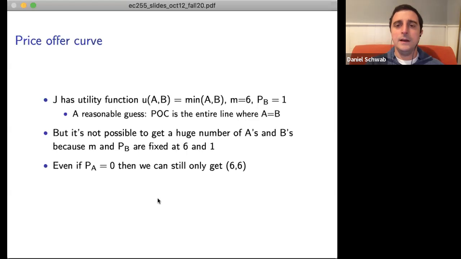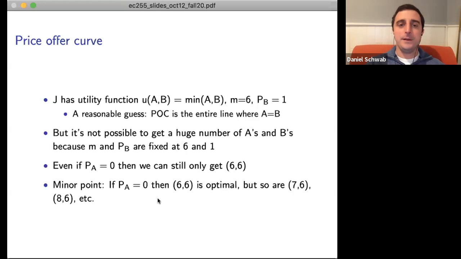That's the highest you can get if you want an equal number of apples and bananas. So a 99.999% correct answer would be drawing a line from 0, 0 to 6, 6 and saying that's the price offer curve.